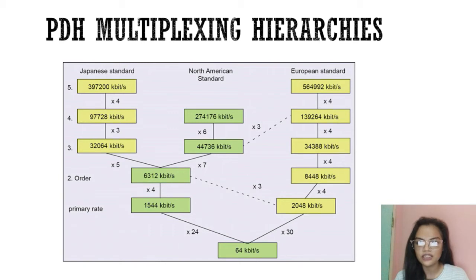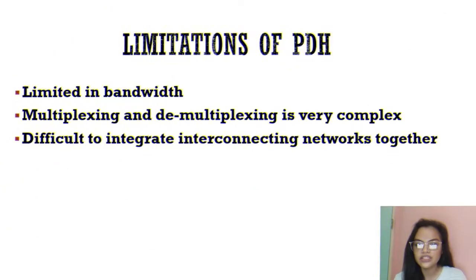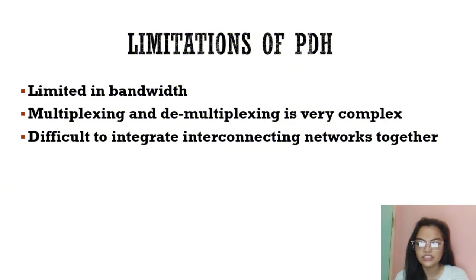The basic digital multiplexing standard established in the United States has a primary rate of 1,544 kilobits per second. This basic rate is also being followed by Canada and Japan, but Japan has slight deviations at higher order multiplexing and demultiplexing levels. Here are the limitations of the PDH.